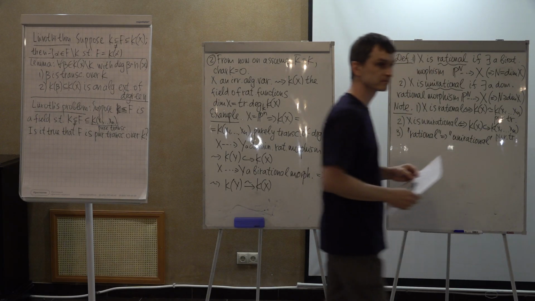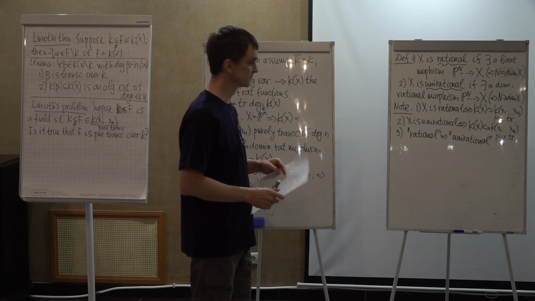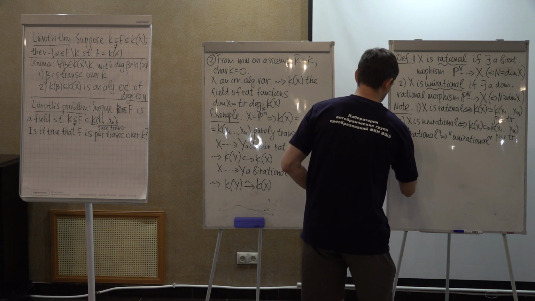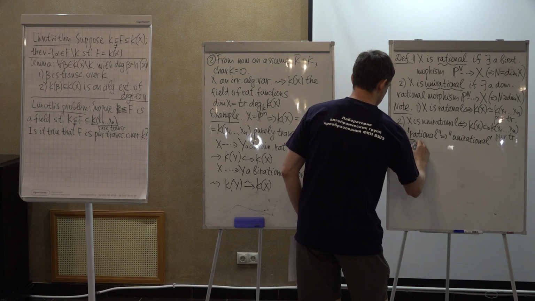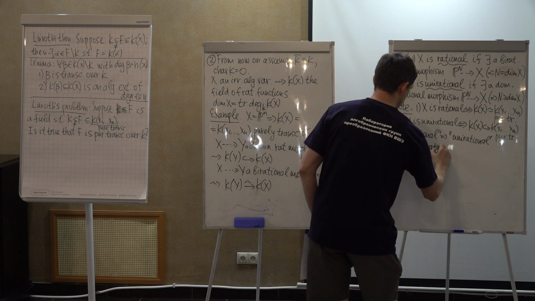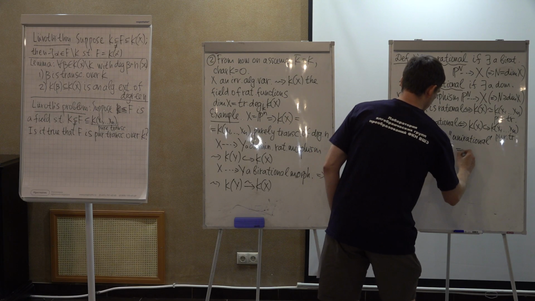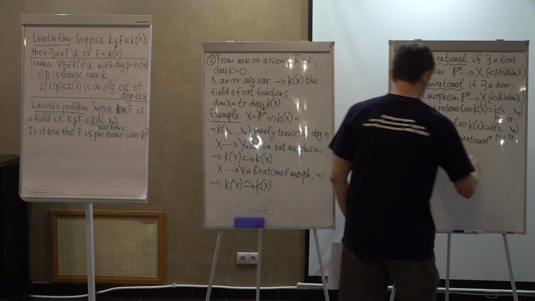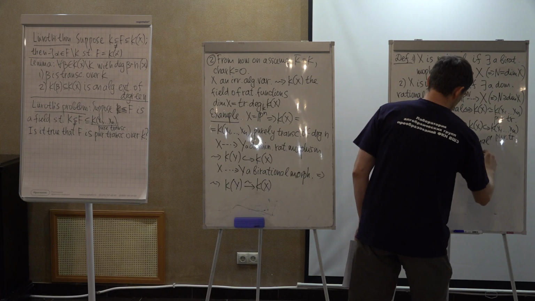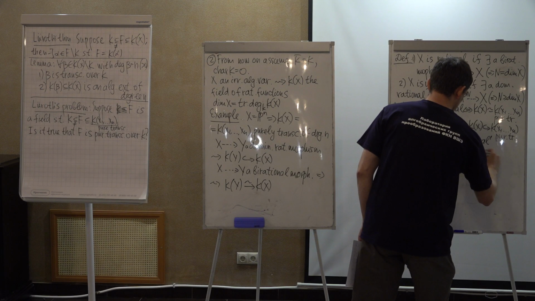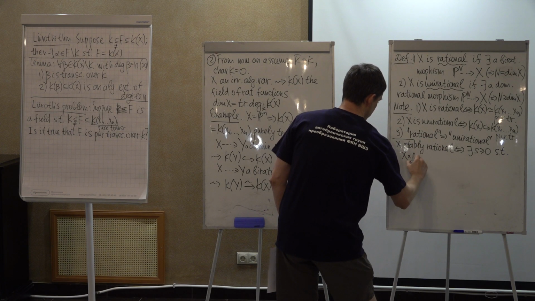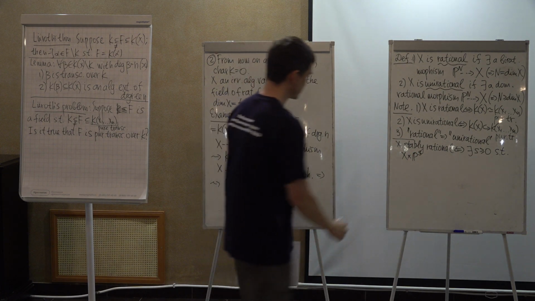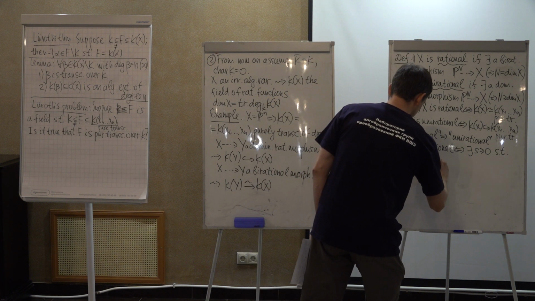Maybe to say about stable rationality, just for the education of the present people. Okay. X is stably rational if and only if there is, let's say, an s such that X times P^s, the projective space, is rational.